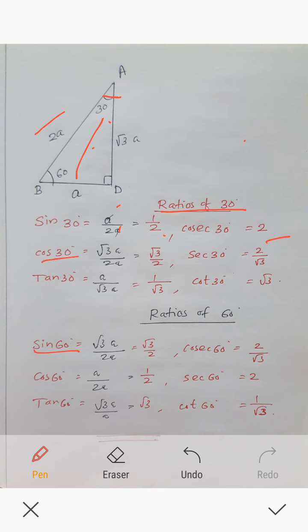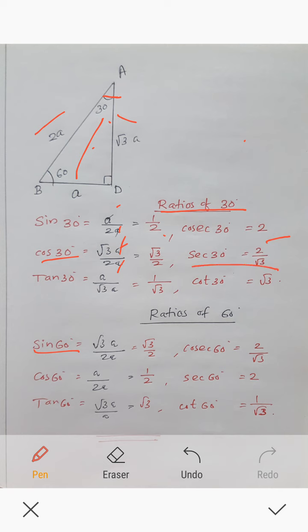And next is cos 30. Cos 30 is the adjacent side of 30 degree, that is root 3a, divided by hypotenuse 2a. So a gets cancelled, it is root 3 by 2. Since cos 30 is root 3 by 2, sec 30 is the reciprocal, 2 by root 3.